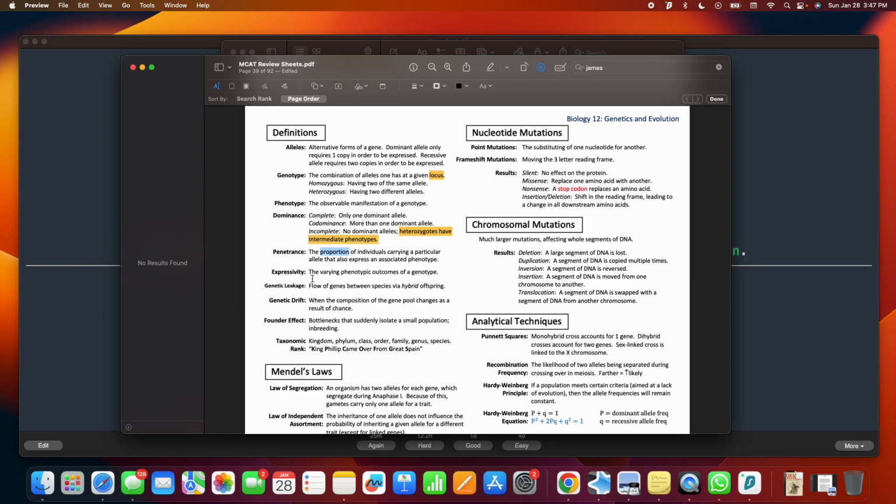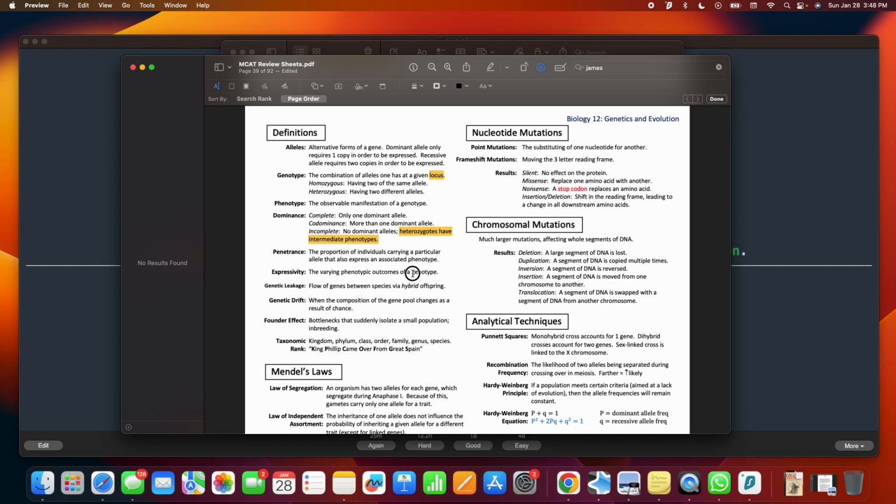Expressivity is the varying phenotypic outcomes of a genotype. You have the white flower, the pink flower, the red flower. These are different expressivities, the varying phenotypic outcomes of a genotype.